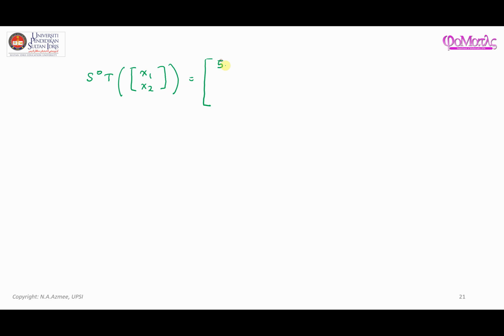So the result will be 5x1 plus 4x2, and then 3x1 minus 7x2, minus x1 plus x2, and here is 6x1 plus 3x2. So this is the rule that will give you the end result straight away.